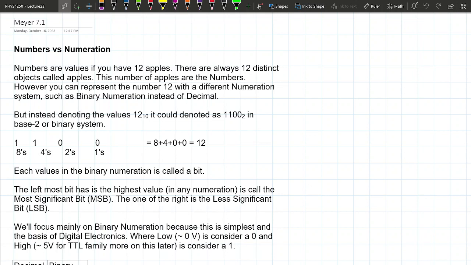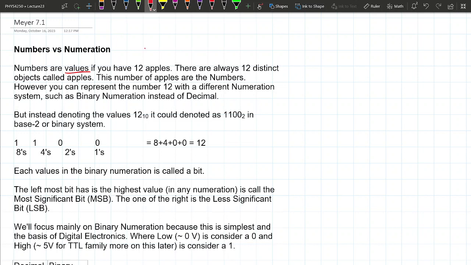So, okay, if you know the answer already, that's okay. But the definition of numbers is kind of weird because you don't really usually think about it, right? We use numbers 1, 2, 3, 4, 5 all the time without really thinking about the etymology of these words that we use, right? So numbers are values of things.